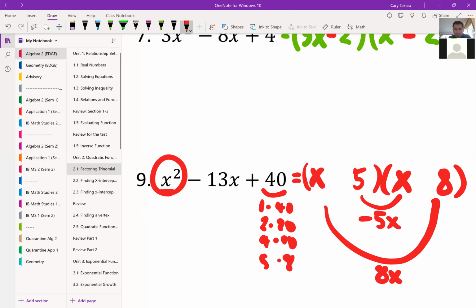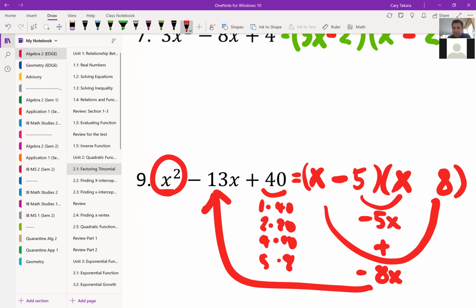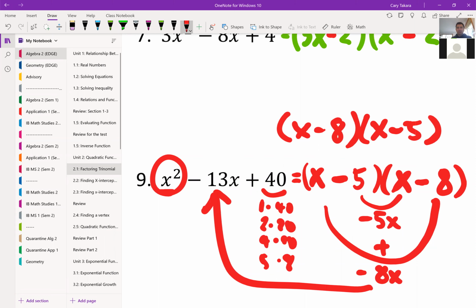If both of them are negative, and if you add them together, you get negative 13x. So the answer will be x minus 5, x minus 8. You can write x minus 8, x minus 5. They are the same thing.